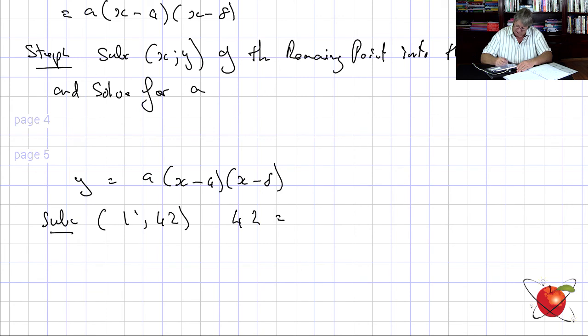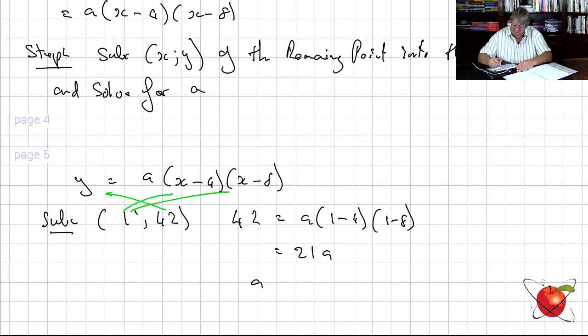I'm substituting that in there and the 1 in for the x's. So let's continue. 42 is equal to a times 1 minus 4 times 1 minus 8. I work this out, and that's going to be equal to 21a. Therefore, A is going to be equal to 2.